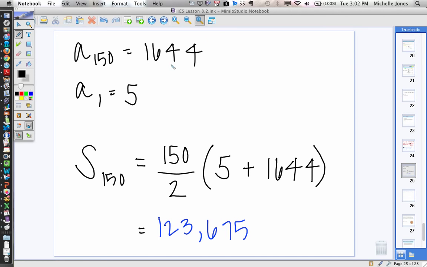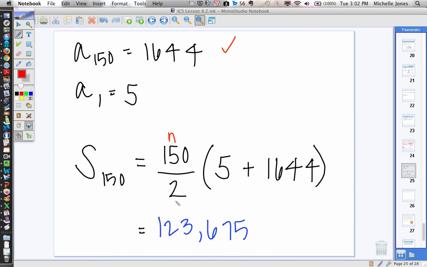Did you get 1,644? Excellent job. That's right. So our 150th term is 1,644, and I just wrote our first term here again so we could see it. Now we can figure out the partial sum of this sequence. So we're looking for the sum of our 150 terms.